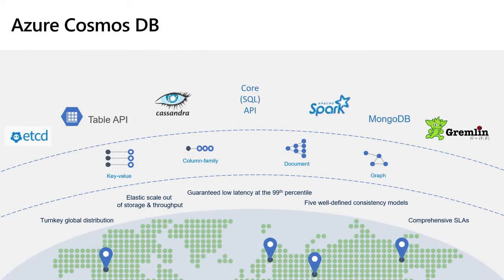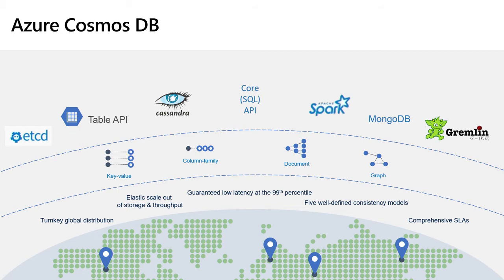So for those of you who are new to Azure Cosmos DB, a quick intro. A few things that Azure Cosmos DB provides: number one, turnkey global distribution. Second, it can horizontally scale out, which means you can move from small amounts of data, small number of requests, to large amounts of data and very, very high volumes of requests. So you could horizontally scale out without any downtime.